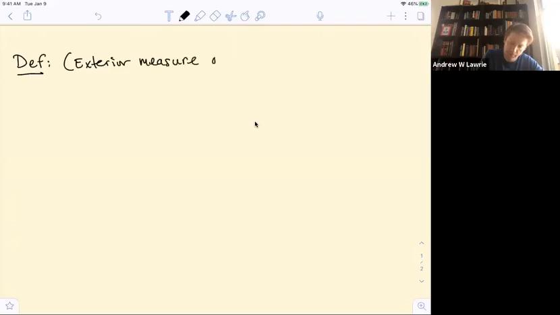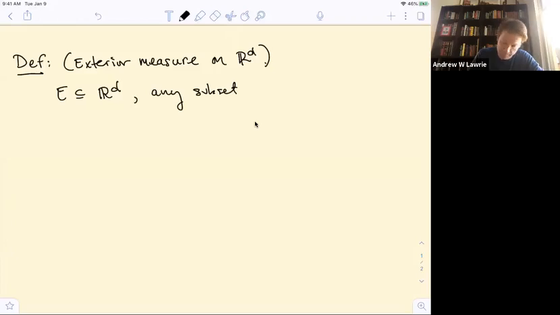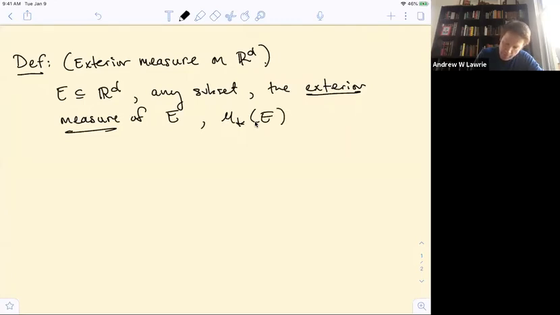Exterior measure on R^d, or outer measure, so we'll call this the outer measure. If E is a subset of R^d, any subset, the exterior measure of E is given by the following expression.